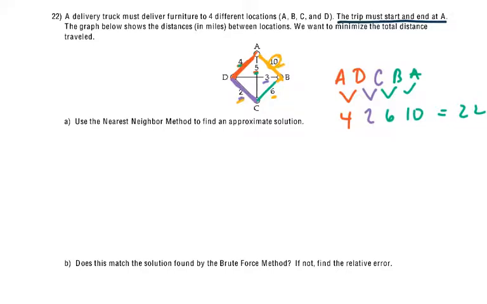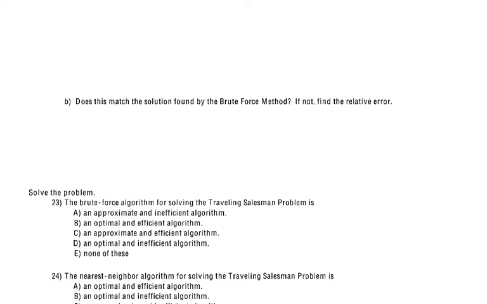And that by default left us with the highest weighted length to be included in our circuit. And so that's what we would call the relative error. That process left us with a high value remaining that we had to include.